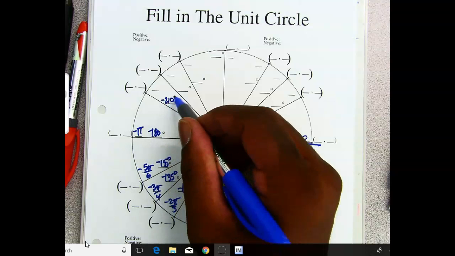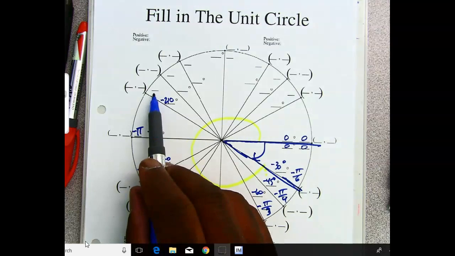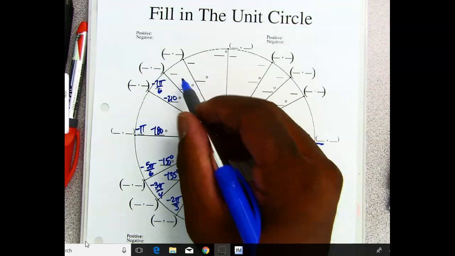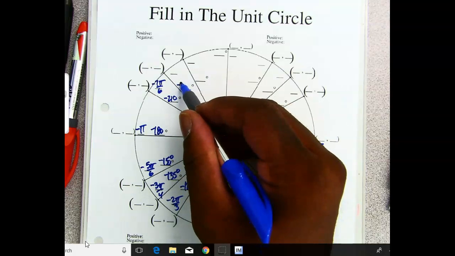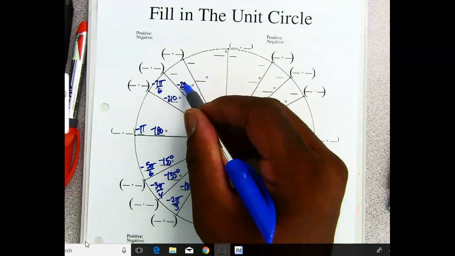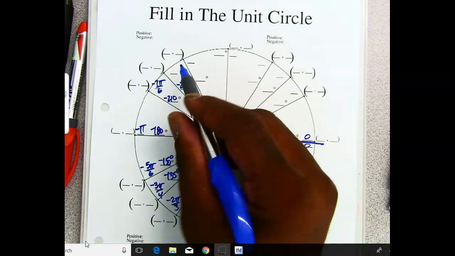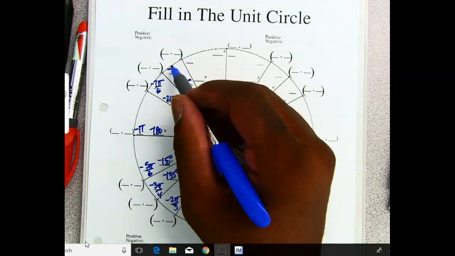Negative 210 degrees, negative 7 pi over 6, negative 225 degrees, negative 5 pi over 4.